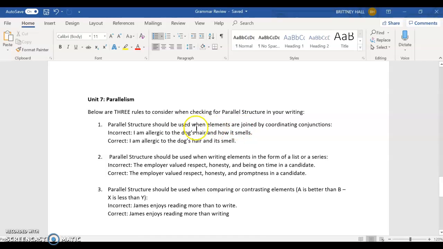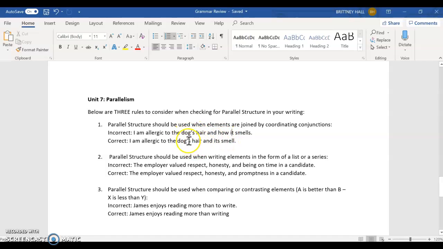How it smells. So we have the dog's hair, we have nouns, and then we have a subject and verb. So subject, verb, and nouns, these are not parallel, these are not balanced. So instead, we're going to have, I am allergic to the dog's hair and its smell. So something belongs to the dog, the hair belongs to the dog, and the smell also belongs to the dog.